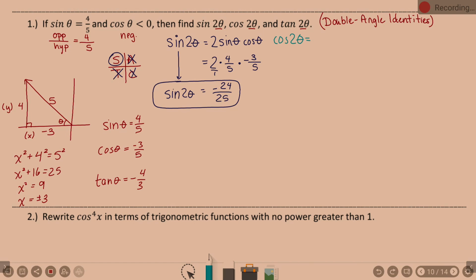So okay, what are your thoughts about cosine of 2 theta? Cosine squared u minus sine squared u. Now, do we all have to use that one? No. Could someone use 2 cosine squared u minus 1 and someone else use 1 minus 2 sine squared u?